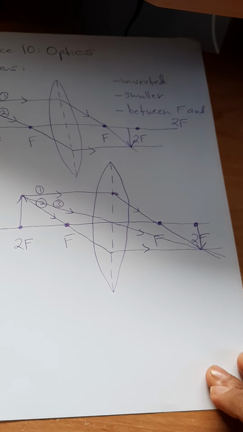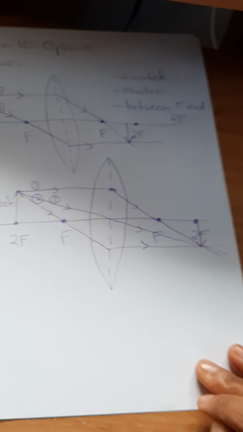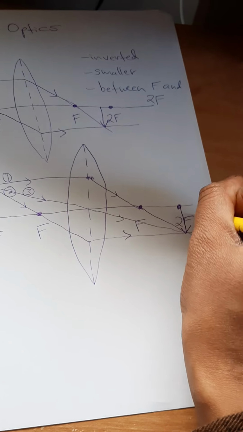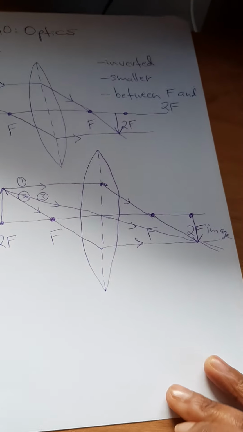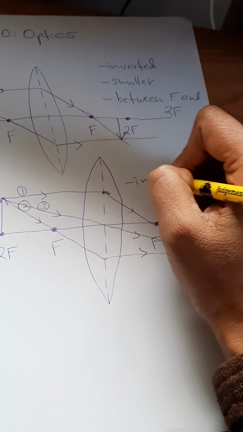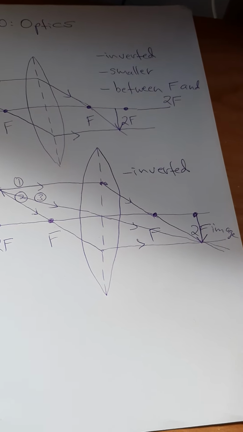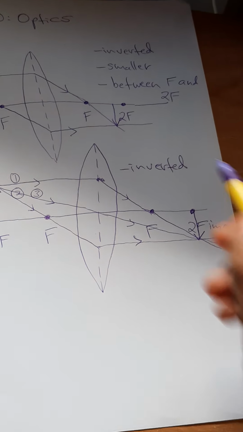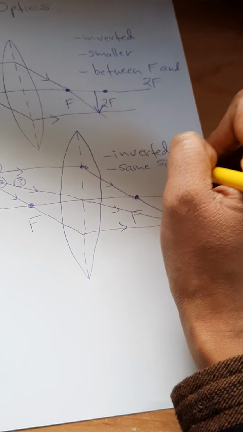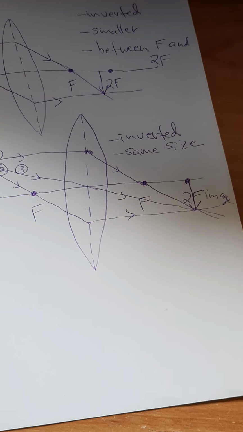And that's where the image is formed. So this is the object here, right there. And on this side here, this is where you have the image forming. So again, I can see that the image is inverted here. And you can put that it is the same size, which means it's the same size as the object.